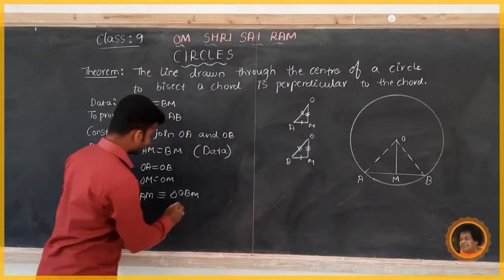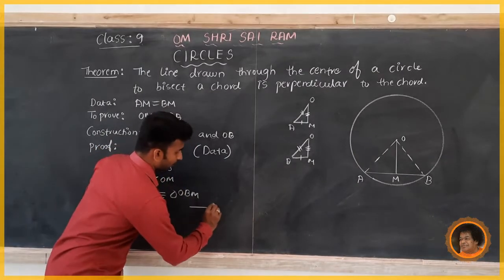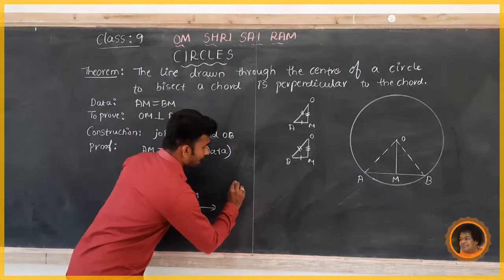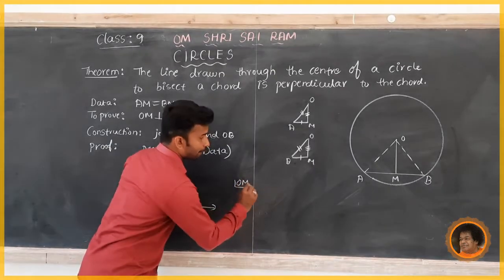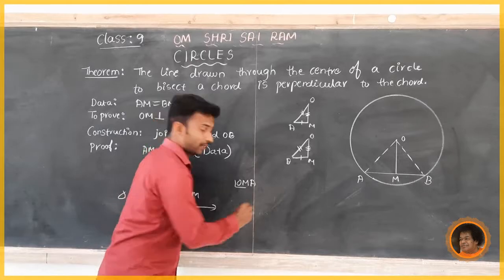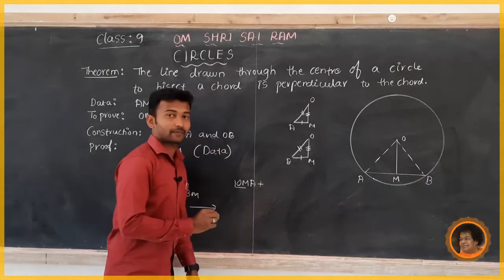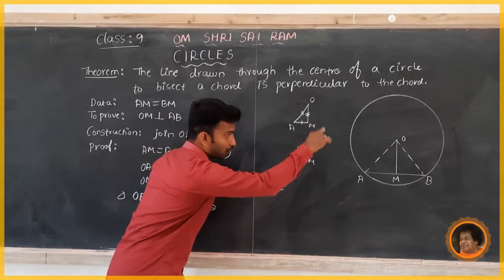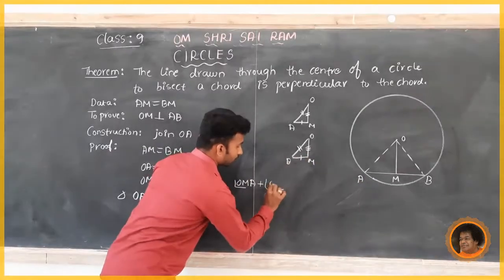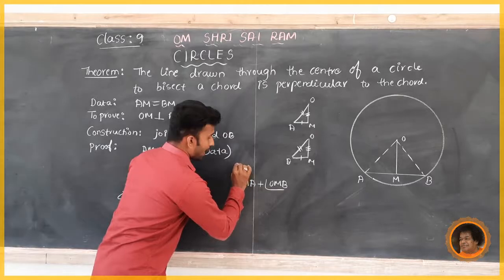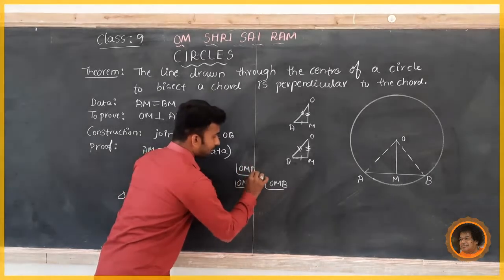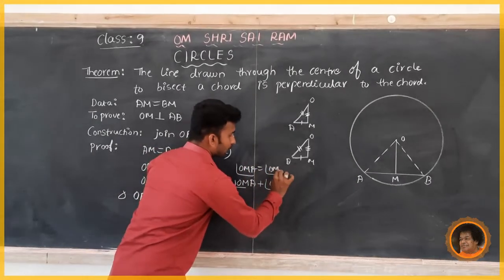Next, angle OMA plus angle OMB. Angle OMA is equal to angle OMB.